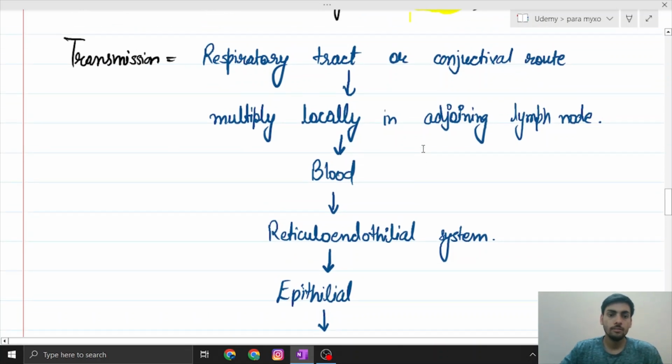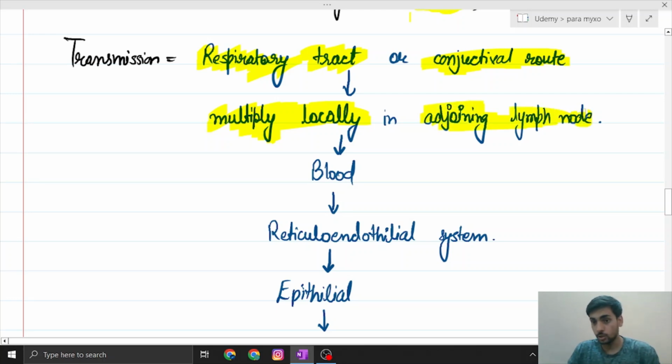When we talk about transmission, then similar to mumps, it can also be transmitted through the respiratory tract and conjunctival route. So close proximity talking, inhalation, aerosols, etc. come under this also. It multiplies locally where it enters, and also multiplies in the adjoining lymph nodes.